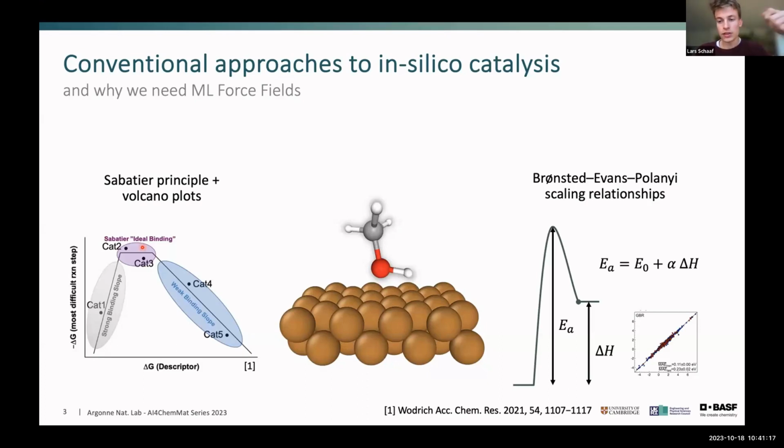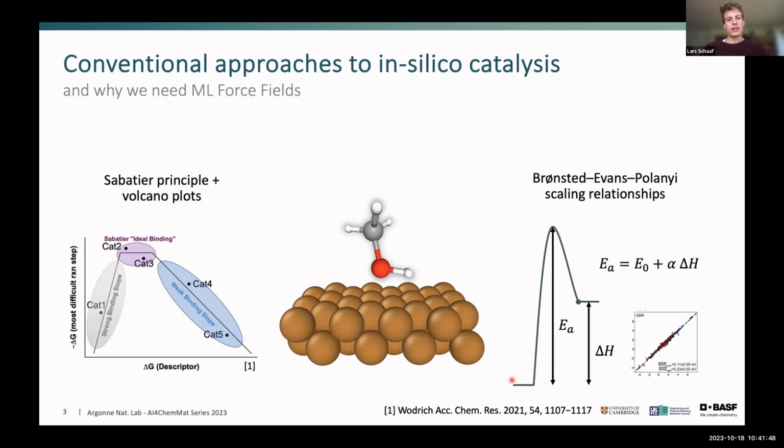Scaling relations show that there's an empirical observation that the absorption energy is linearly related with the barrier height of a reaction. And so you can, from an absorption energy, which is a very simple calculation, infer the height of the energy barrier, and then also, therefore, the rate of a given catalytic reaction step. And that's what's underlying these principles.